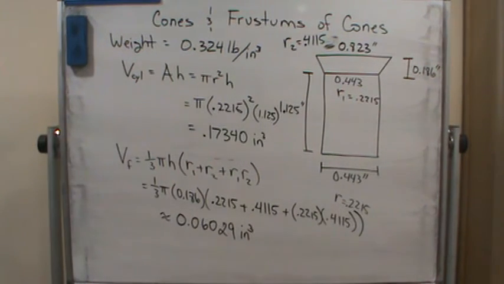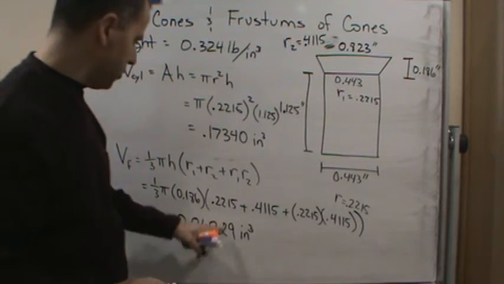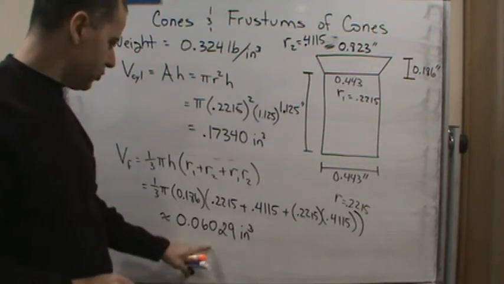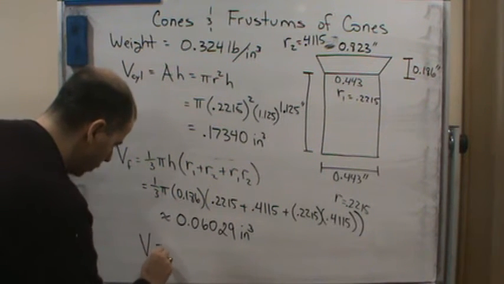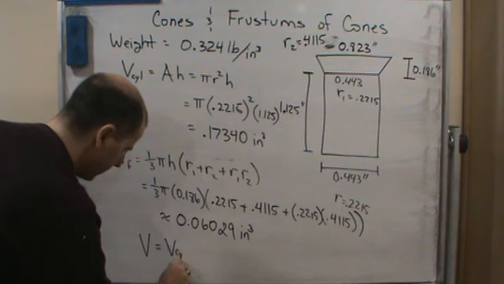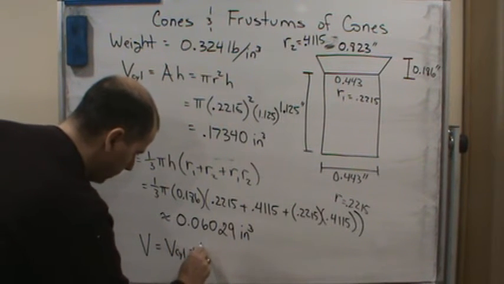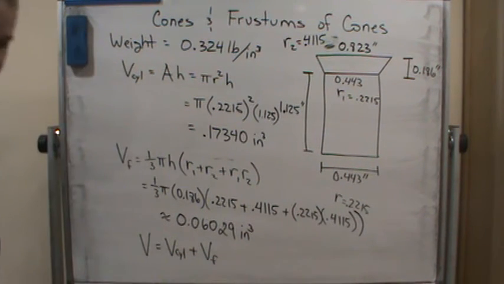Now what's the total volume? We're going to add these two. The volume equals the volume of the cylinder plus the volume of the frustum.